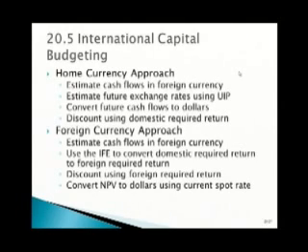But anyway, in the foreign currency approach, we estimate cash flows in the foreign currency. We then use the future exchange rate, the interest rate future exchange rate, to convert domestic required returns to foreign required returns. We then discount using the foreign required return, and we convert the net present value to dollars using the spot rate.